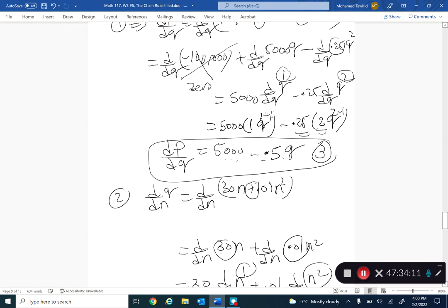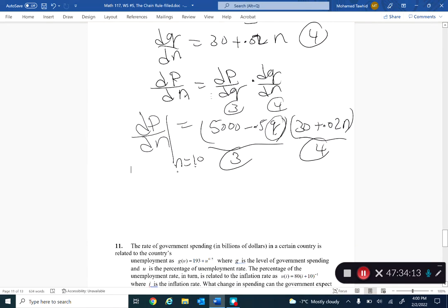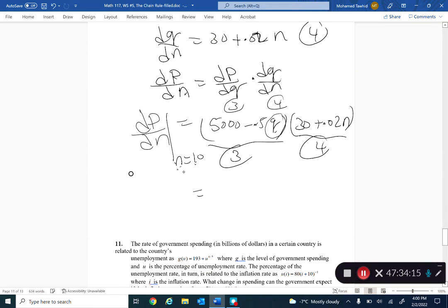So when I come down here, just replace Q. When N equal 10, what is Q? It will be 301. Just go ahead and replace Q by 301. So you have 5,000 minus 0.5 multiplied by 301. Close the bracket. I replace Q by 301, and I replace N by 10.